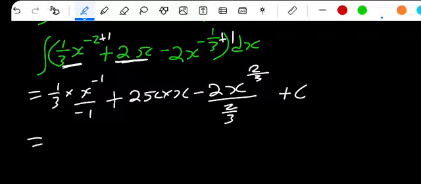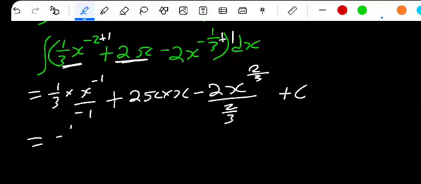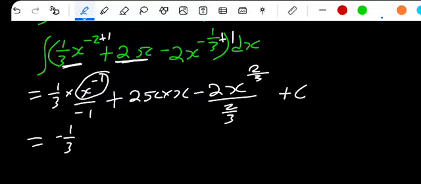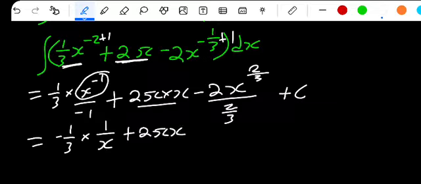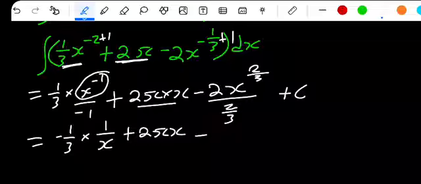So this negative will be negative 1 over 3, and take this to the bottom again. This is the same as multiplying by 1 over x, plus, when you multiply, 2 pi x minus this guy there.